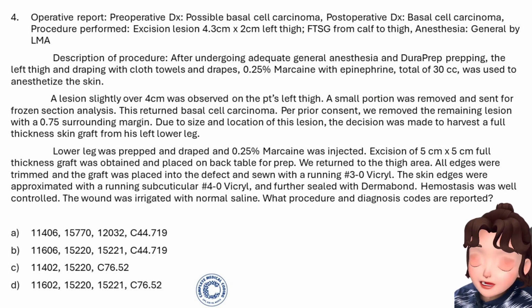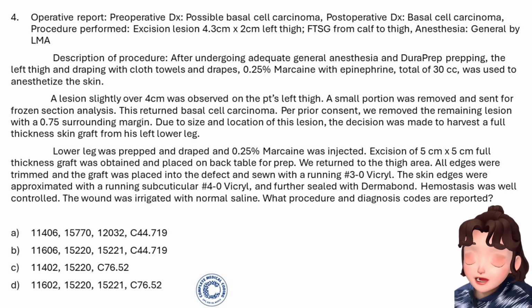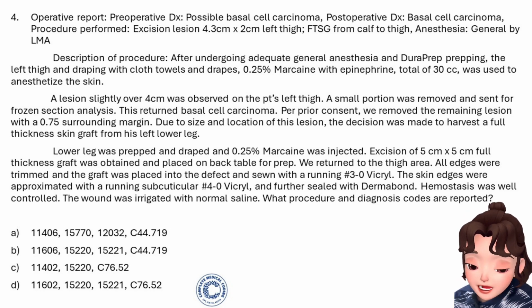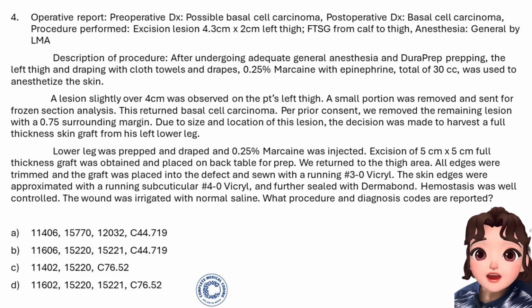So here in the question, 15220 is 20 square centimeter or less, and what is 15221? Each additional 20 square centimeter or part thereof. So we have to code both, right? 15220 and 15221, because 15220 represents full thickness graft up to 20 square centimeter.